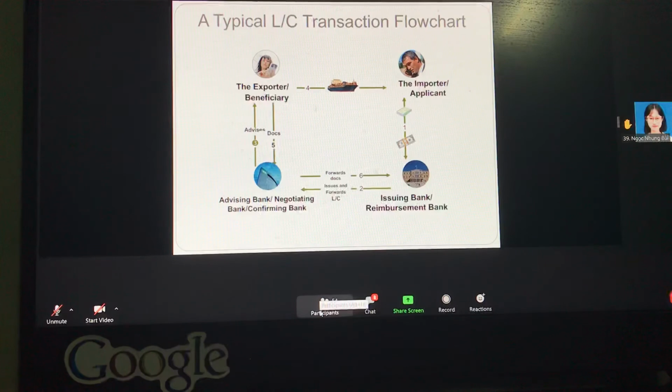Well, I think that because the mistake is too big, they cannot bear it, so they have to edit the documents, and then they take the goods.